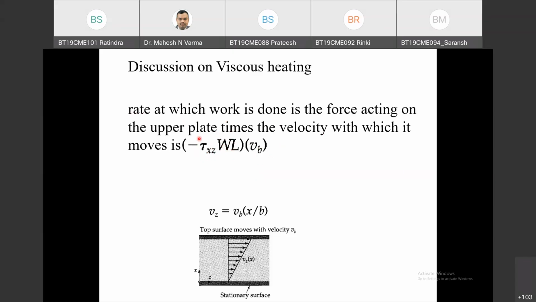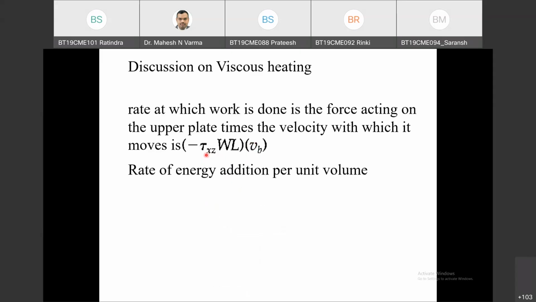Now this tau xz is related to vz. This is the x momentum flux, that is, z momentum flowing in the x direction. So now, the rate of energy added per unit volume: if I want to interpret this work as the energy added, it is divided by the volume.